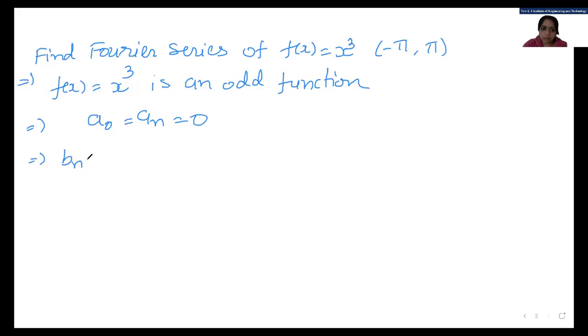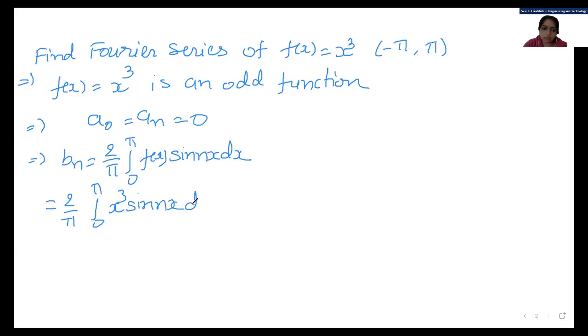Then bn. bn is 2 by pi, integral 0 to pi f of x sine nx dx, right? So 2 by pi, 0 to pi, our function f of x is x cube sine nx dx. So for the integration of x cube sine nx, here we have to apply the Leibniz rule, that is the u dot v rule. So x cube keep it same. The integration of sine nx is minus cos nx upon n, minus derivative of x cube, which is 3x square.